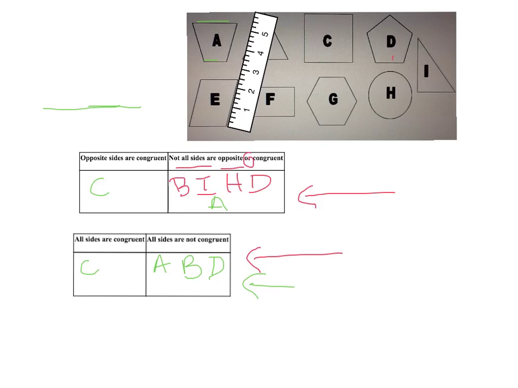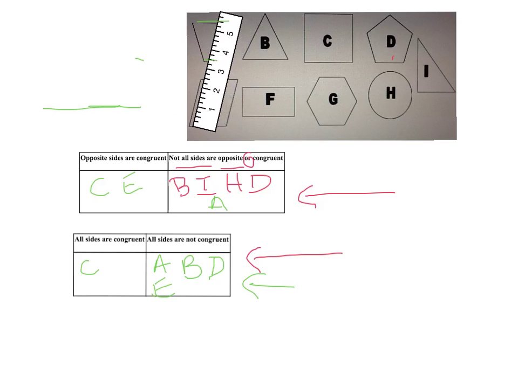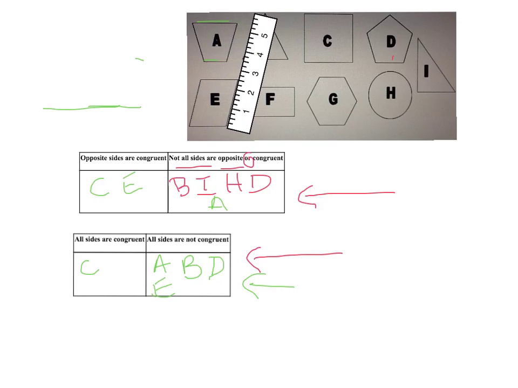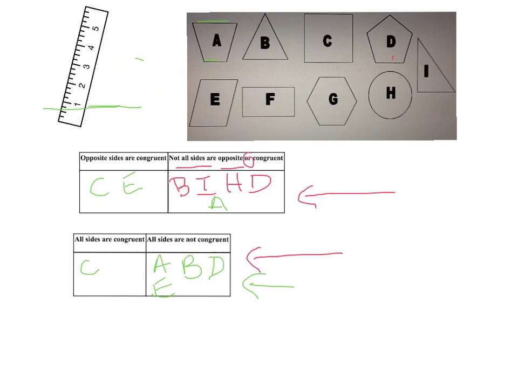That is not the same. So that is going to be E here. And where would E go here? Opposite sides are congruent, definitely, because if we go back to this one, this is going to be equal to this one, but the two other ones are going to be equal to each other, so that would go in that category.